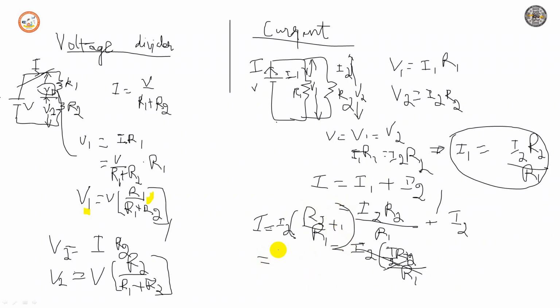Now solving this, taking LCM, I is equal to I2 into R2 plus R1 divided by R1.